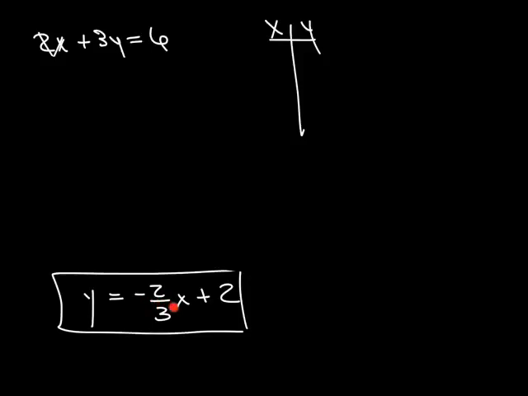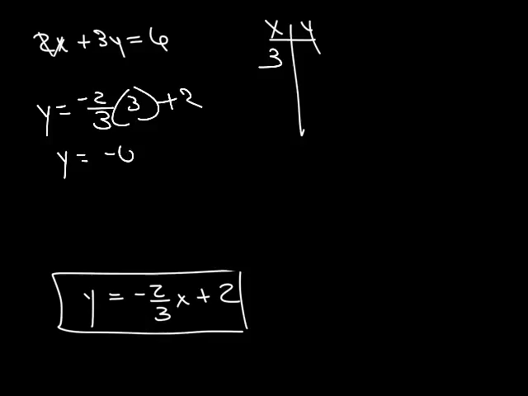So what numbers does 3 go into? Well, 3 goes into 3. So let's say y equals negative 2/3 times 3 plus 2. Y equals negative 6 over 3 plus 2. Y equals negative 2 plus 2 equals 0.